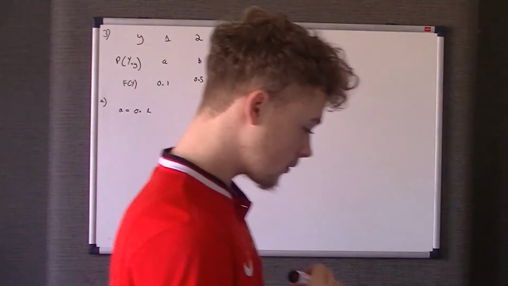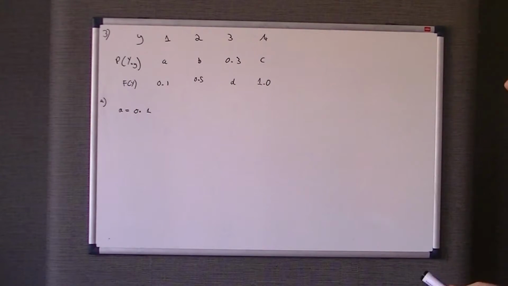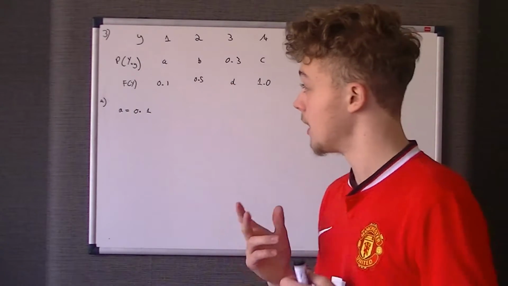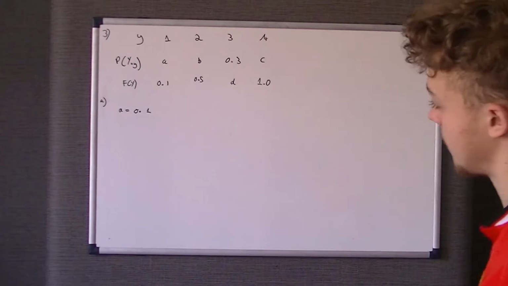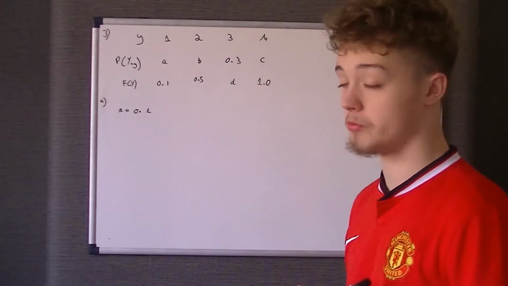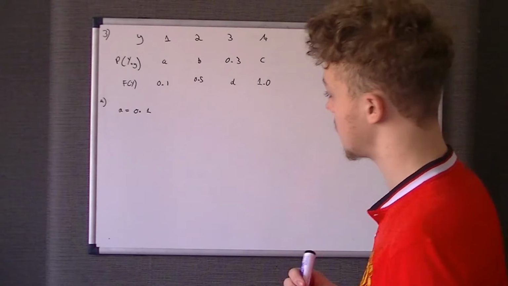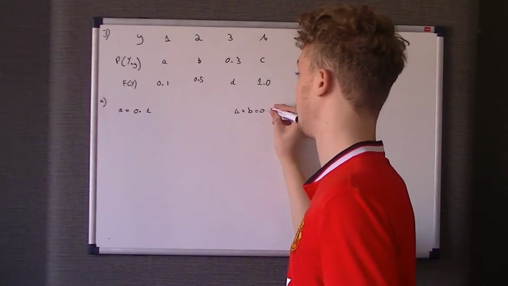As I said, the cumulative probability is just adding the probabilities. So F of 2, which means the probability that y is less than or equal to 2, is the probability of 1 plus the probability of 2, and that is 0.5. So a plus b is equal to 0.5.